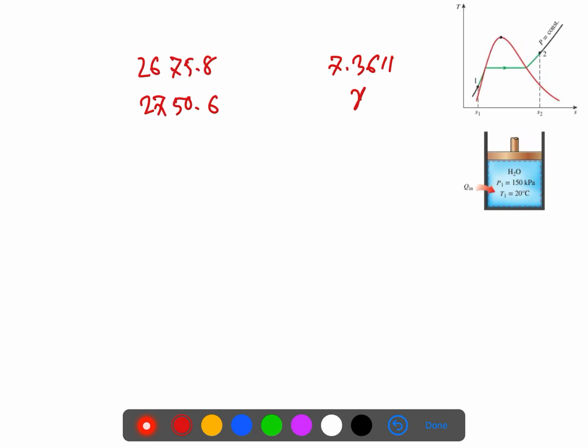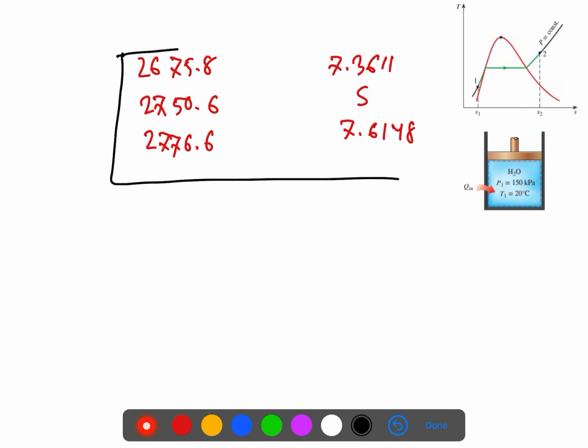We are looking for this value. Instead of x, let's say it is s, and the final one is 2776.6, and it will be 7.6148. So this is the first interpolation.